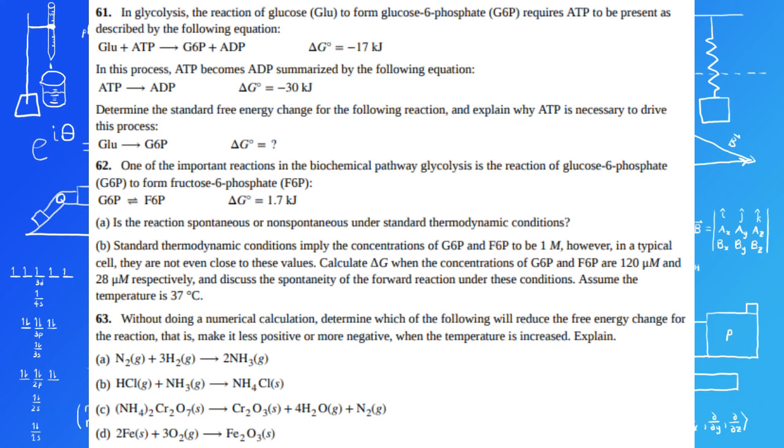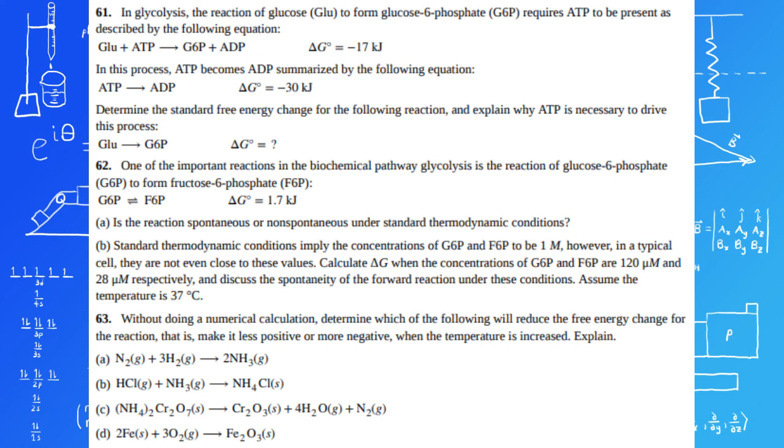Oh, hold on. So it says calculate delta G when the concentrations of G6P and F6P are 120 micromolars and 28 micromolars respectively. Okay, so for this one, it looks like they're going to have you use the full delta G equals delta G standard plus RT ln Q. So you would have to calculate Q, the product to reactant ratio, and use the appropriate exponents.